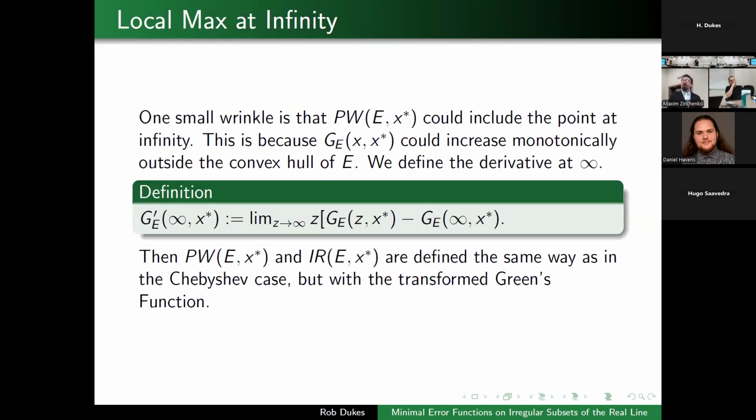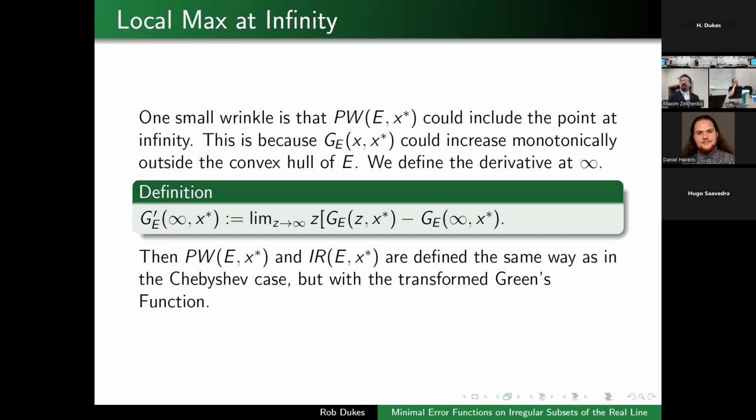There could be another zero way outside E, which would mean there's an unbounded gap. We have to maximize over this. Well, what if the function is monotonic? It keeps increasing on and on. It won't go to infinity because it only has one pole, but it might have a maximum at infinity. And so we have to define the derivative at infinity. And here's the definition we're using. If that is 0, then we consider infinity to be another critical point.